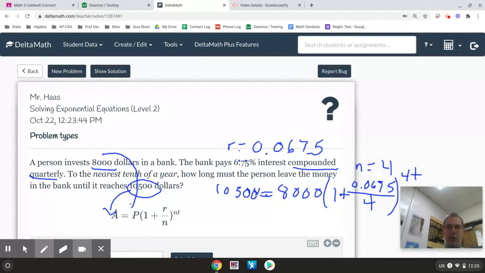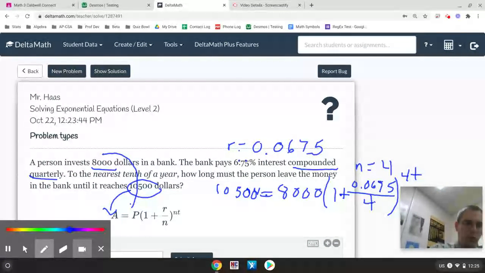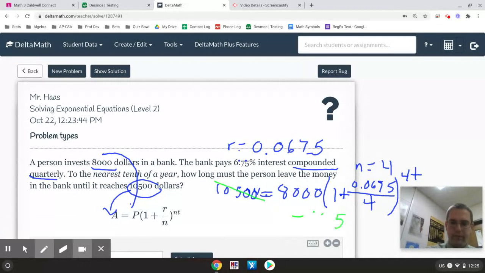Now to get this ready to put in Desmos, remember, I need to subtract that 10,500 from both sides. Okay, and now I'm ready to try Desmos.